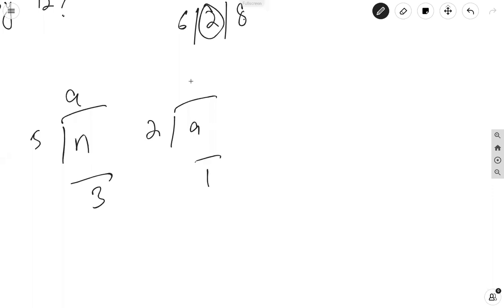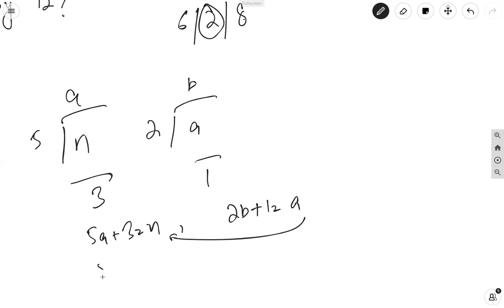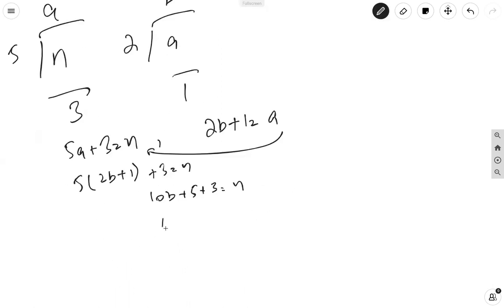So let's consider the quotient for this as b. For the first, 5a plus 3 is equal to n. For the second, 2b plus 1 is equal to a. Just substitute a in this. It comes out to be 5 into (2b plus 1) plus 3 is equal to n. This is 10b plus 5 plus 3 is equal to n. This becomes 10b plus 8 is equal to n.